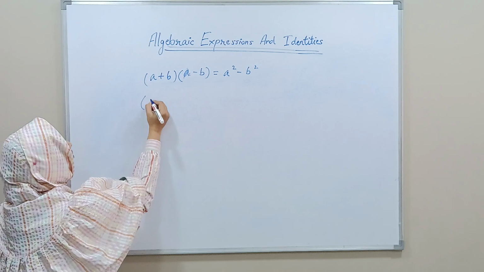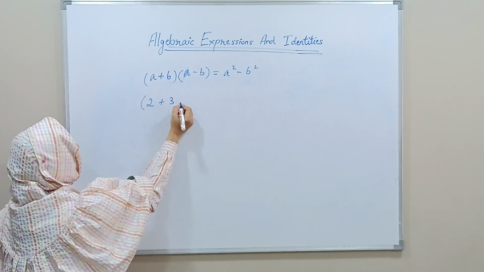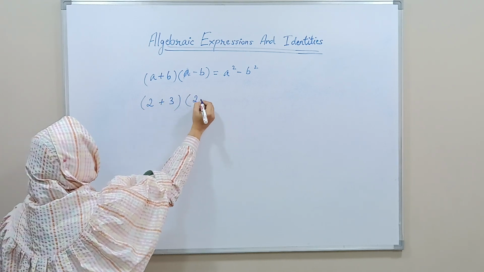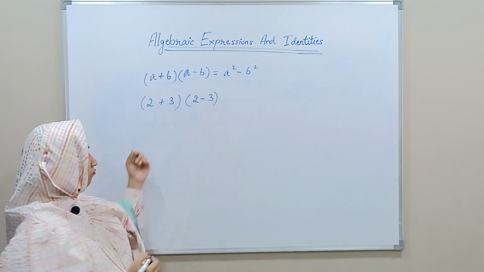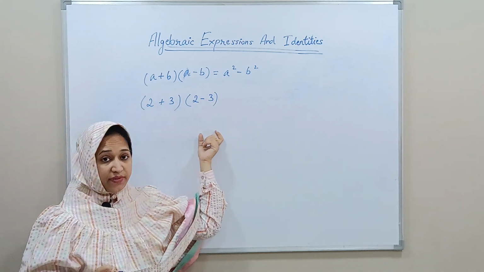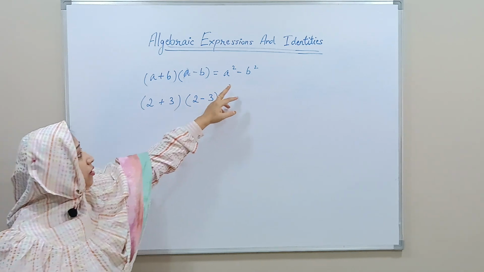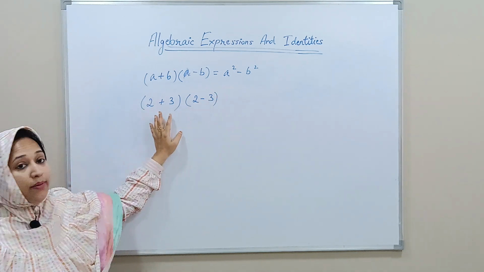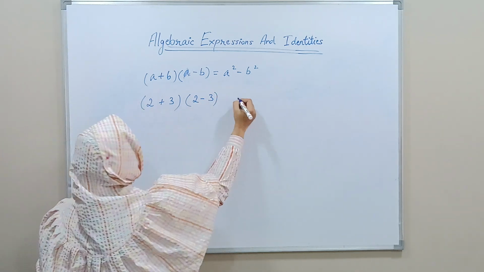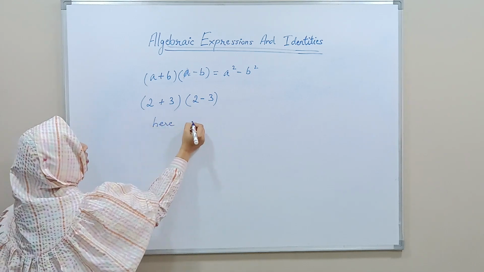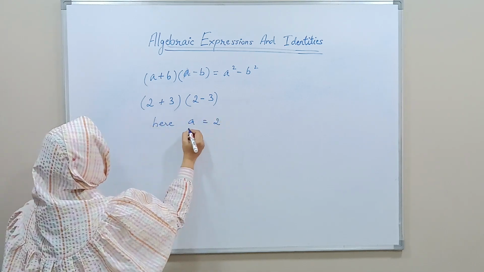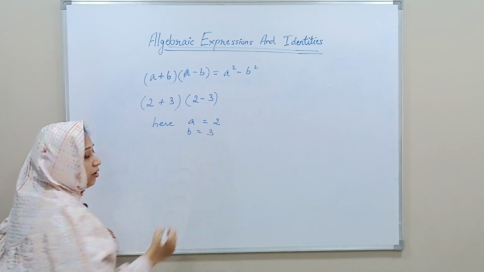Suppose you have (2 plus 3) into (2 minus 3). It is very easy to solve this though, but using the identity, we will compare with a plus b. Here, a is equal to 2, b is equal to 3.